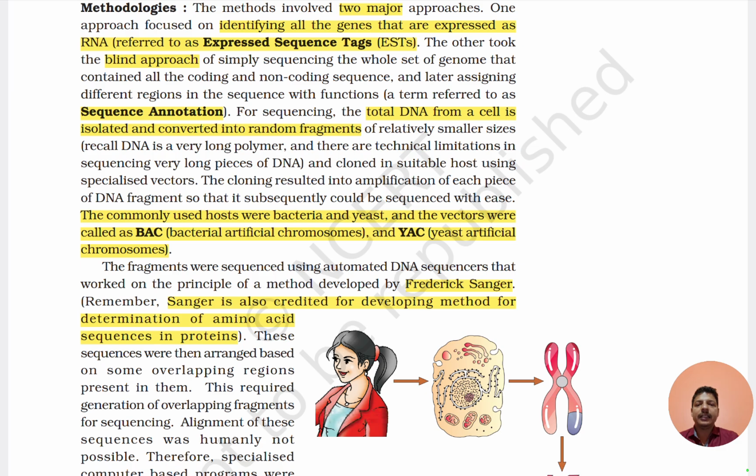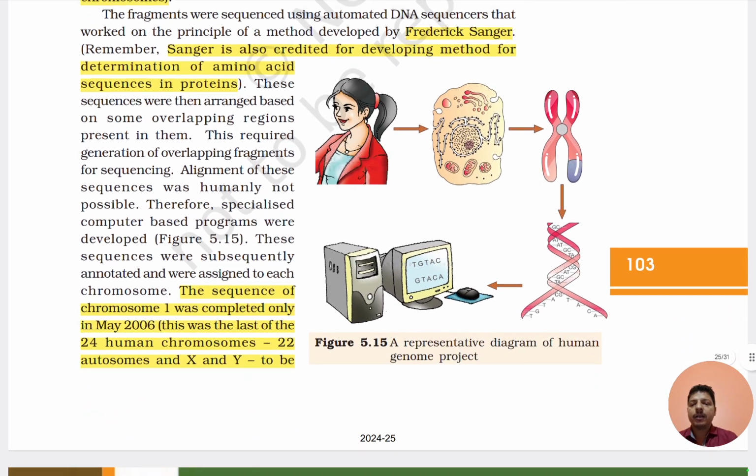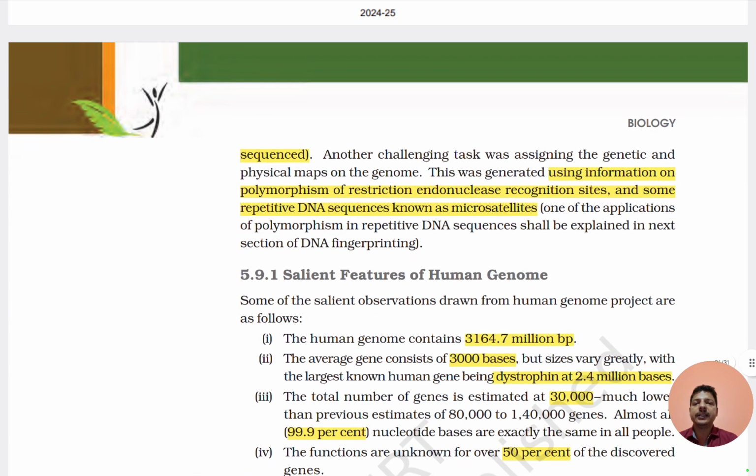Friedrich Sanger, it is also mentioned about him. He is also credited for developing methods for determination of amino acid sequence in protein. Then the sequence of chromosome 1 was completed only in May 2006. It is the last of the 24 human chromosomes, 22 autosomes and XY, to be sequenced.